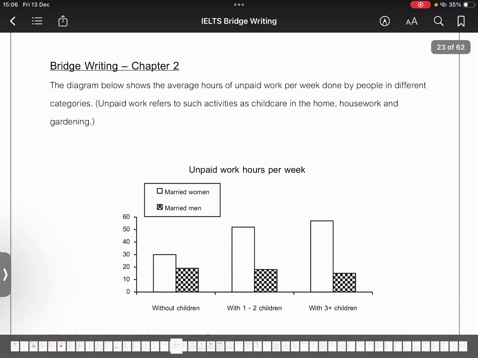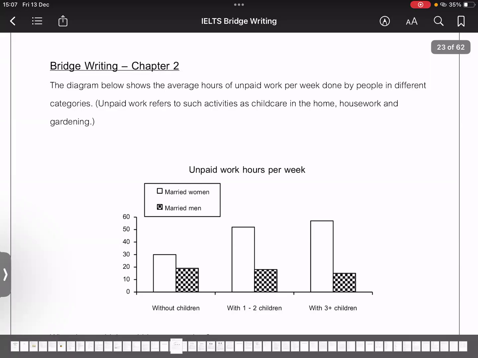For those with no children, you notice that. You look at married women, okay? For married women who do not have any children, they spend about 30 hours every week doing housework. So housework includes things like childcare.